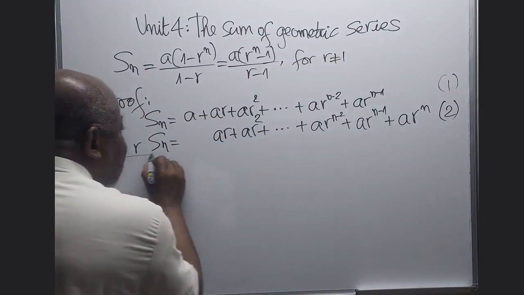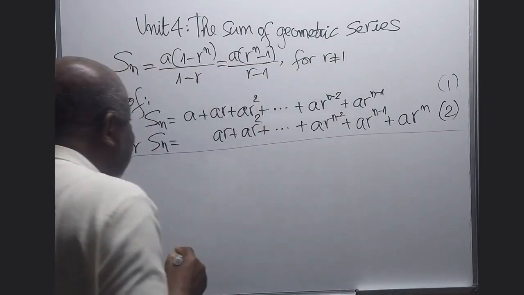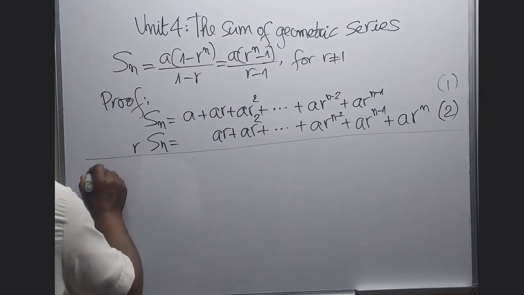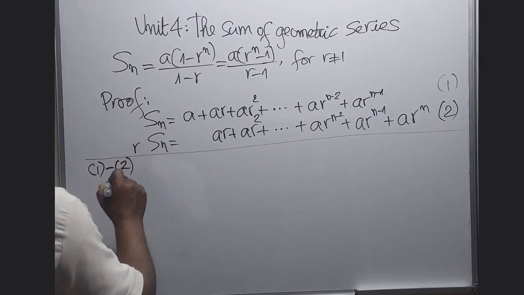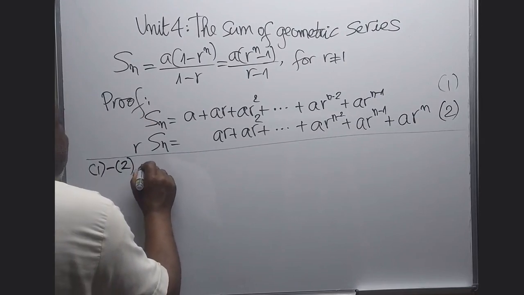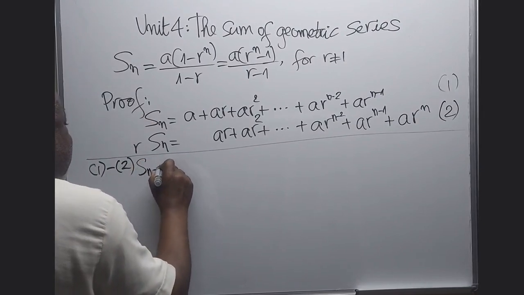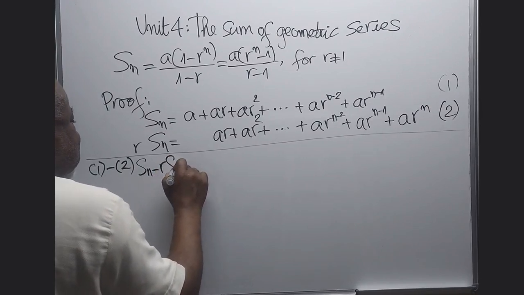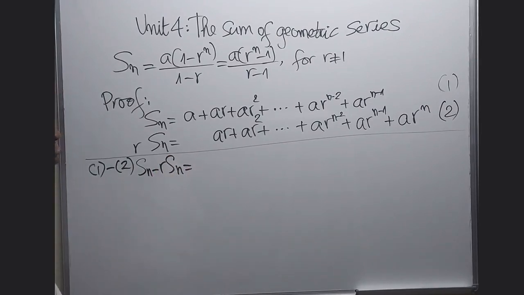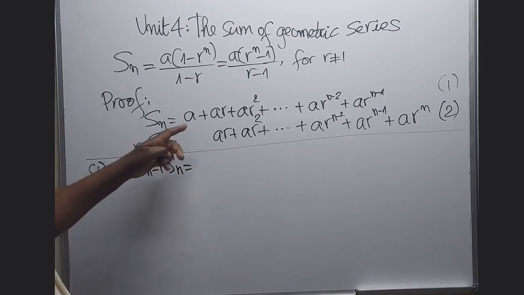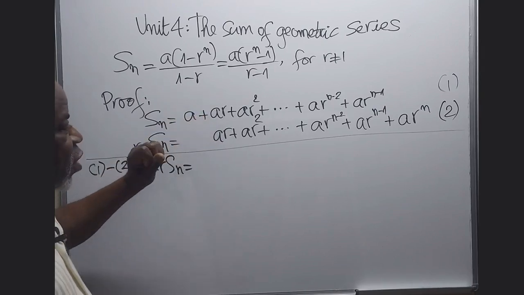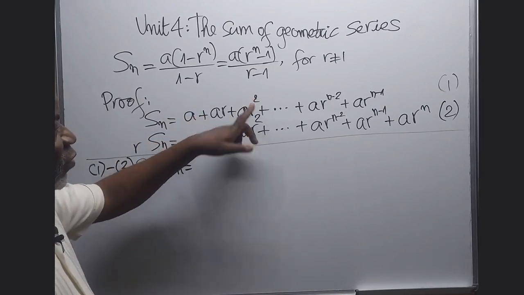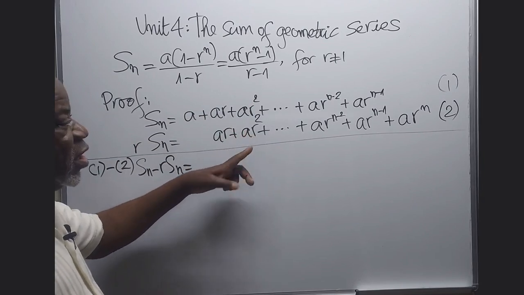So I'm underlining down here, we're going to take the first sum minus the second one. So this is what we're going to get: Sn minus r times Sn, which will be equal to, as you can see, ar minus ar, we're going to get 0. ar squared minus ar squared, we're going to get 0.